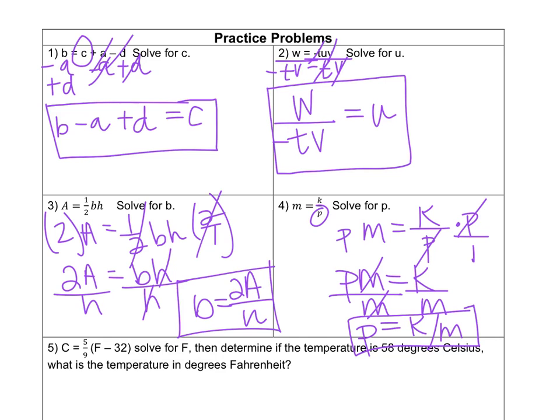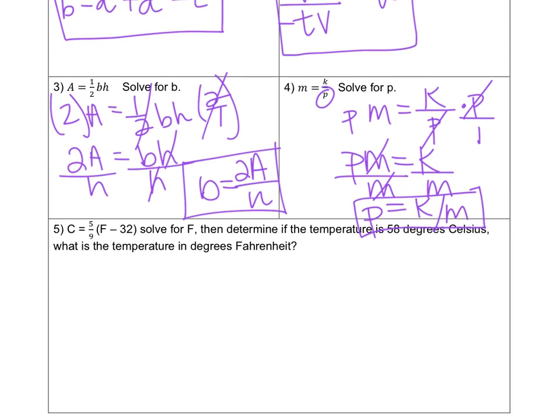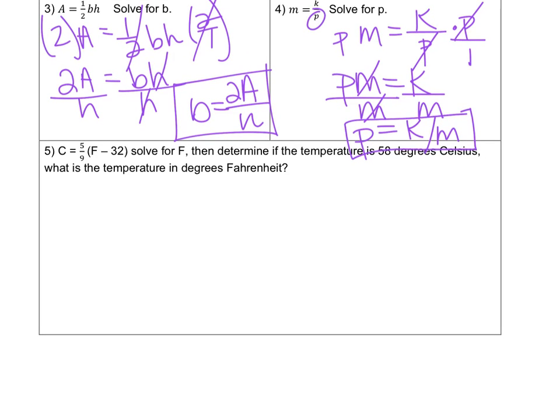Okay, last one. This is the conversion between Fahrenheit and Celsius, which you should use in science a lot. So here's my formula. Celsius equals 5/9 times F minus 32.